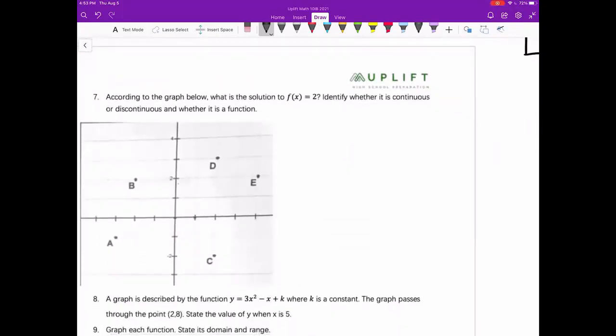f of x is... I don't think we talked about that yet. Well, it's pretty self-explanatory. That is true. So basically think of this as: for what x is y equal to 2?